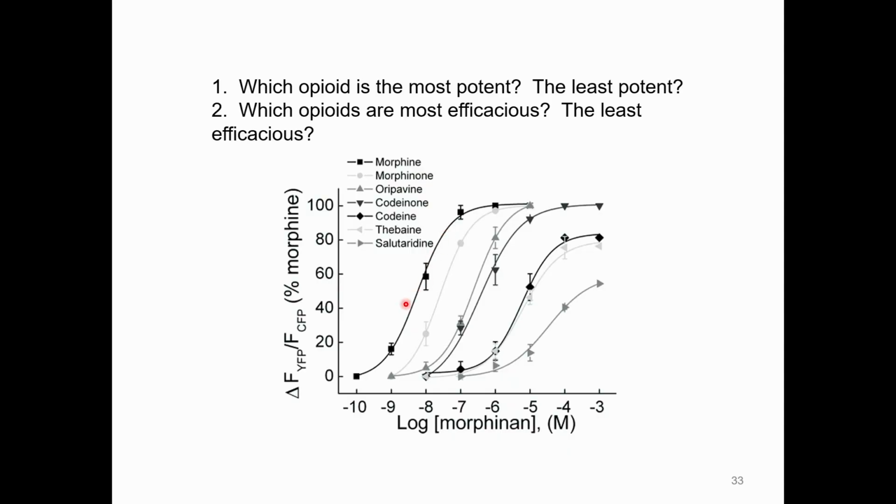Looks like morphine is a winner again, huh? Which is the least potent? That would be this one over here, salutaridine. Okay, which one's the least efficacious? That one as well, right?